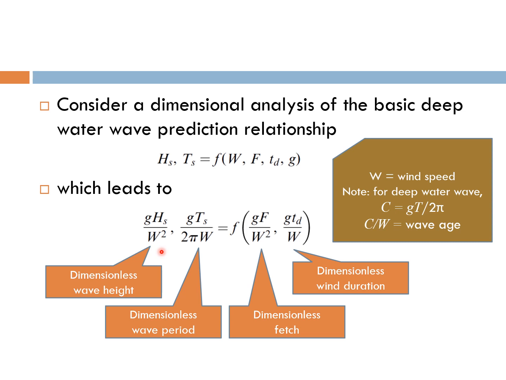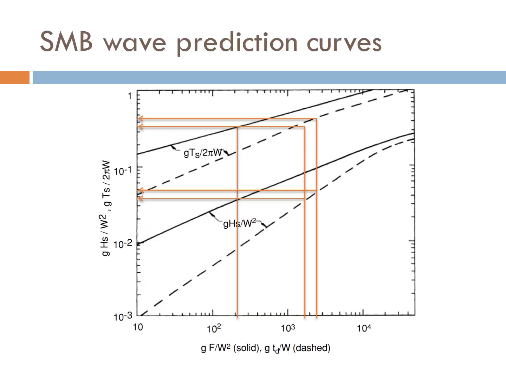Now we want to take note that the wave celerity C can be given by this expression, and we have another term called the wave age, which compares the wave celerity to the wind celerity or wind speed. This is the SMB wave prediction curves.